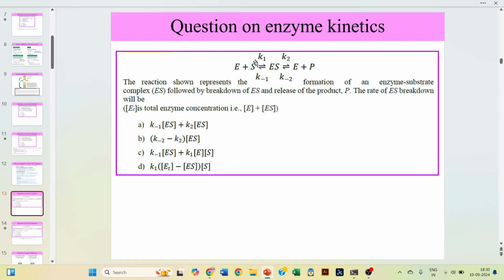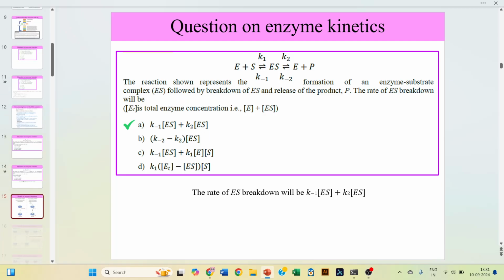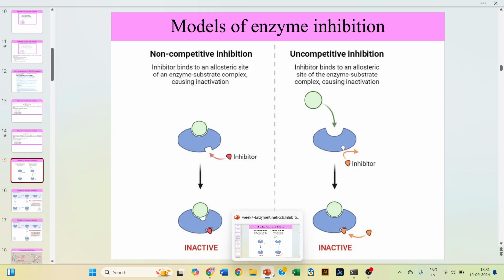Therefore formation is only guided by K1, but breakdown of the ES complex is guided by both K2 and K minus 1, right? So your right answer should be A because it is a summation of both. If you write down the formula for K1 and the entire equilibrium state, you will see that this is the right answer. Okay, now we'll move on to enzyme inhibition.